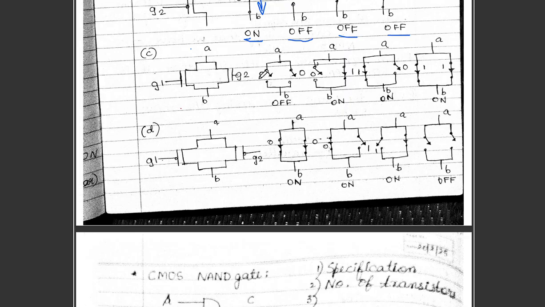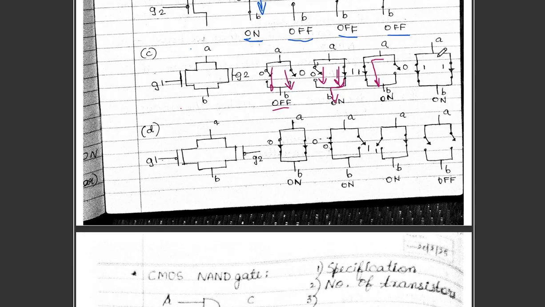When two NMOS are connected in parallel, there are two paths for the flow of current from terminal A to B. When A is equal to 0 and B is equal to 0, the transistor is in off state, whereas when A is equal to 0 and B is equal to 1, there is a path for current flow, and hence it is in on state as this path is functioning, and current reaches from A to B. Whereas in the next one, when A is equal to 1 and B is equal to 0, there is a one-way path for travel of current from terminal A to B.